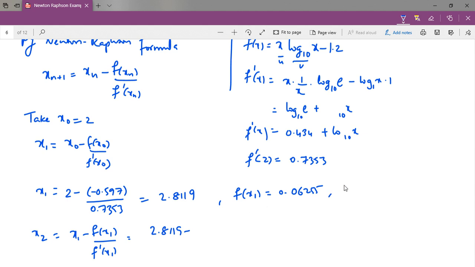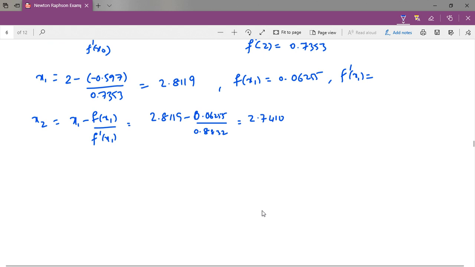You have to find f of x1, which is 0.06255, and f dash of x1. Substituting these values, 0.06255 divided by 0.8832 gives you 2.7410.